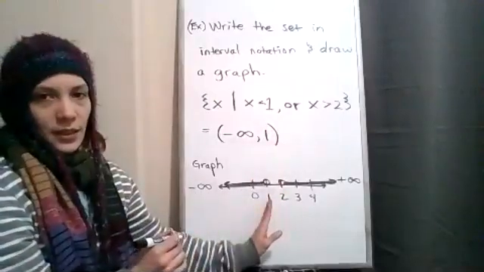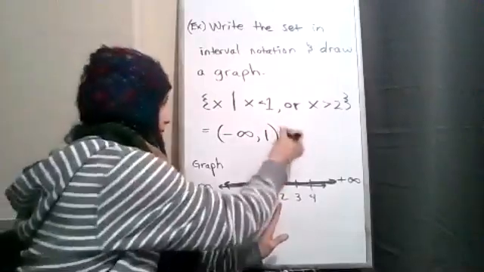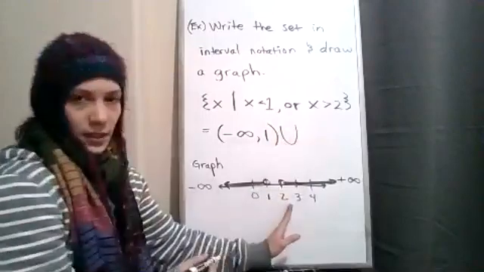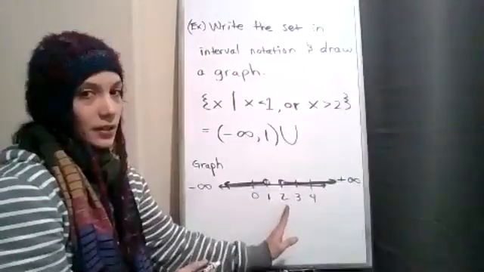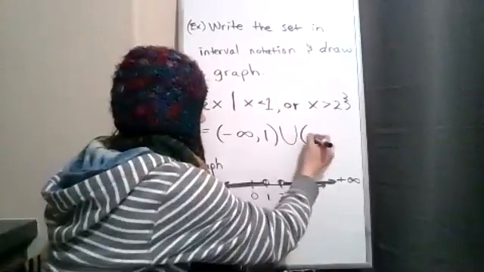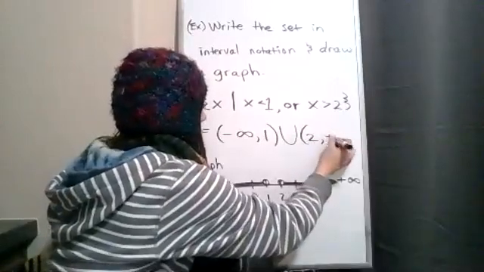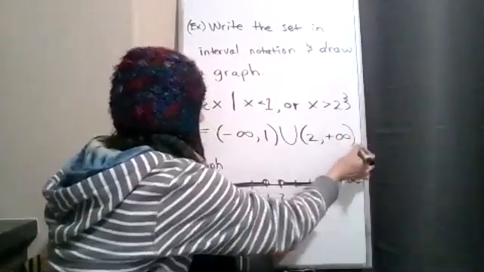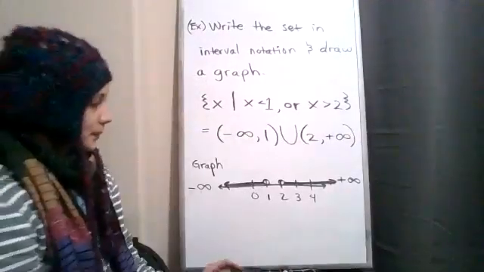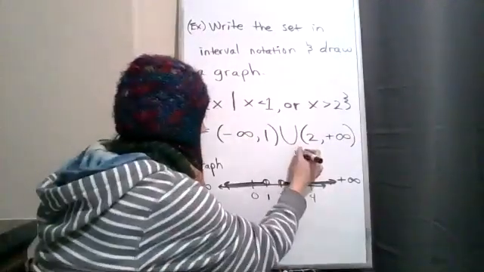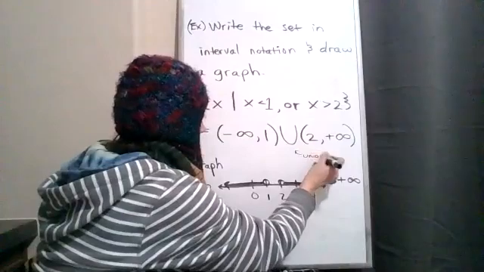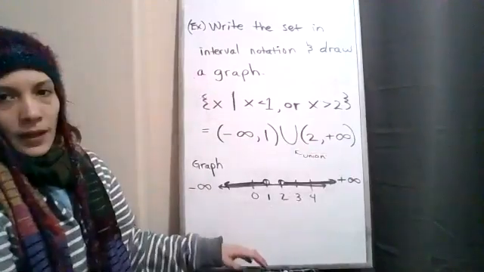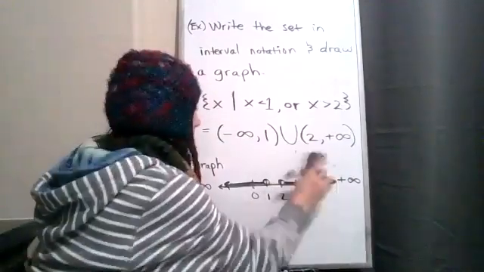Don't include 1. Union the set that starts at 2, not including 2, goes to positive infinity.